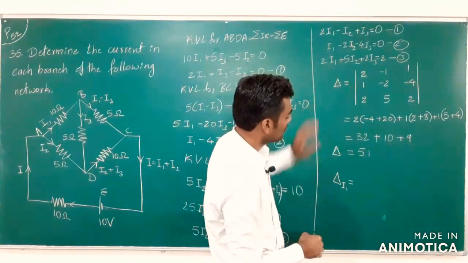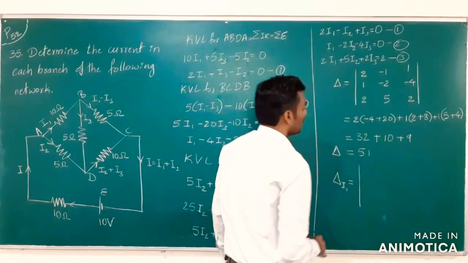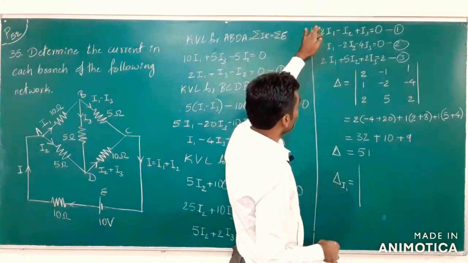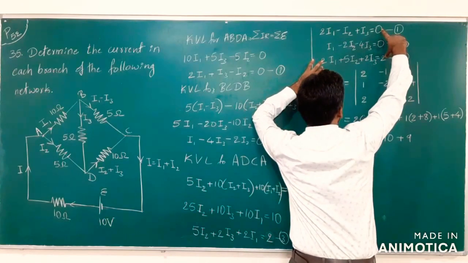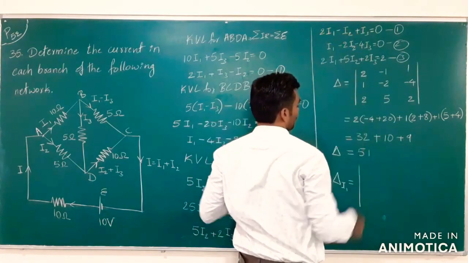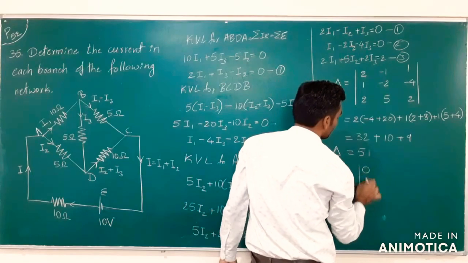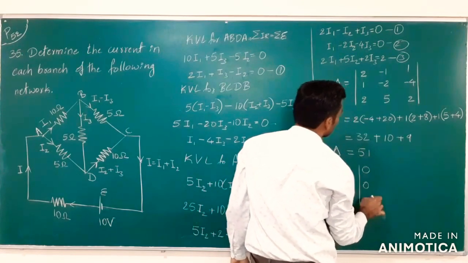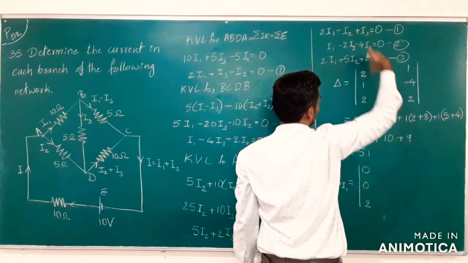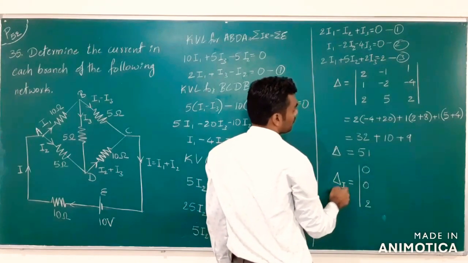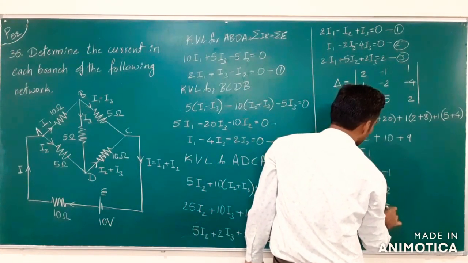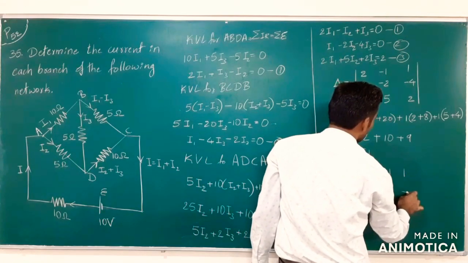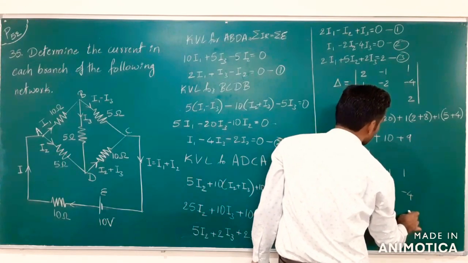The same kind of determinant we will write, but instead of coefficients of I1, I will now put the RHS values there. So it becomes 0, 0, 2, rest everything stays the same. That is what is delta I1. Minus 1, minus 2, 5, 1, minus 4, 2.